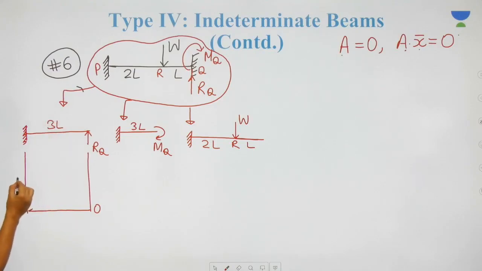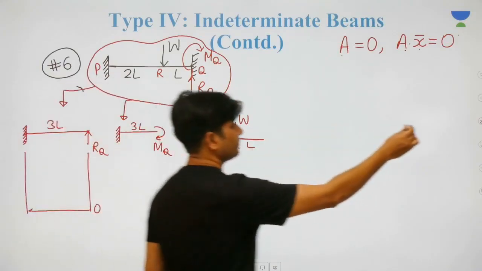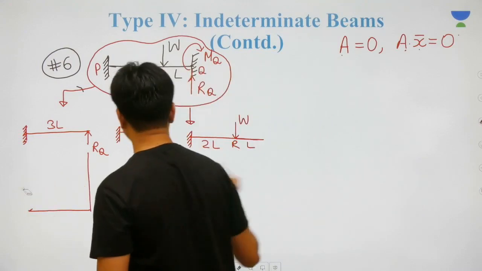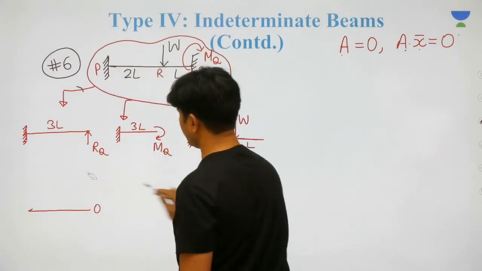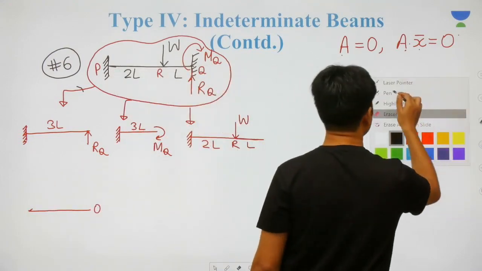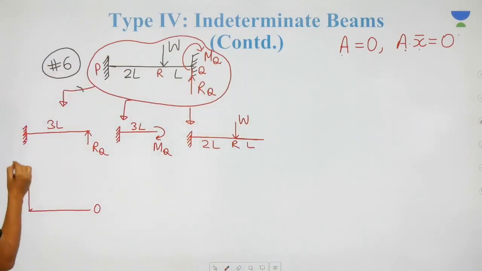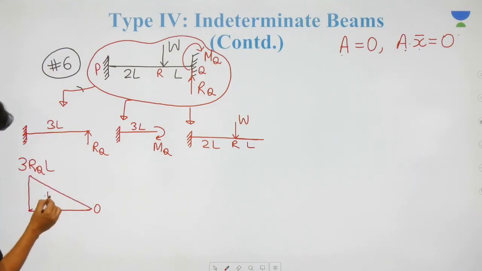In between, the bending moment is going to vary linearly. So here it is 0, and here it will be RQ multiplied by 3L, which is 3RQL, and this is a positive bending moment area. Let's call this area number 1.